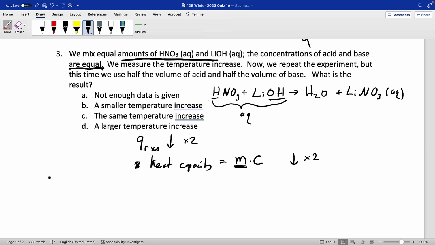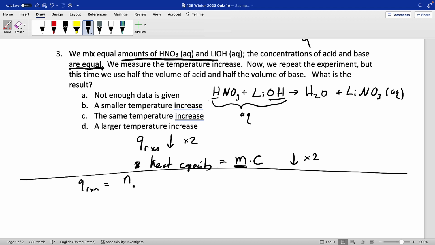And if we wanted to, we could really be formal about this and say the Q of reaction, in this case, is going to be the moles of acid times the heat of reaction.